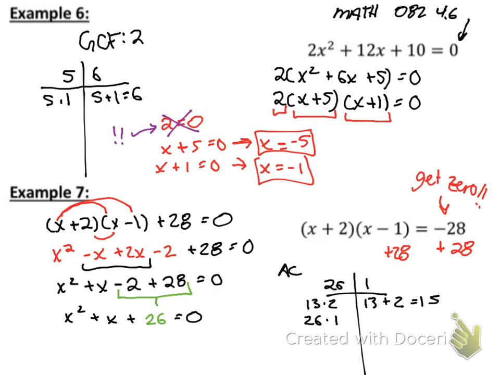We have 26 times 1, which is 26. And that's pretty much it. So it doesn't look like this is going to be able to be factored, so we're just going to have to write that this is prime. Now, in later chapters, we'll probably learn other methods. As I mentioned before, there's the quadratic formula and stuff. But for right now, this does not have a solution, so we can just write prime and leave it that way.